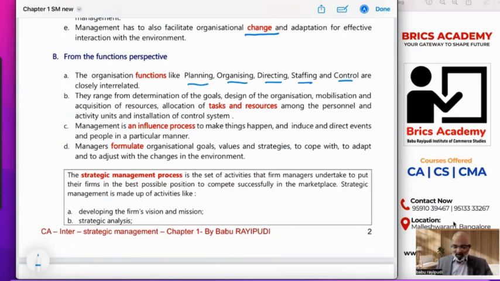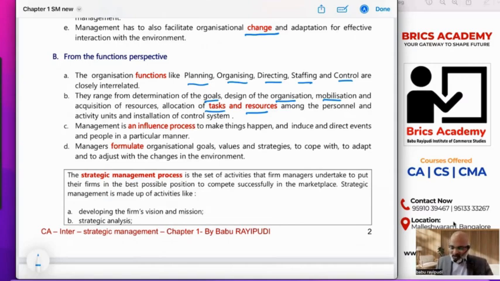The next one is management talks about goals, design of the organization, mobilization of resources, allocation of tasks, that is, who should do what, what resources they want in the organization, which department is responsible for what, which person is responsible for what, roles, responsibilities, powers, structures, mobilization, right man at the right place. A whole story will be there in management.